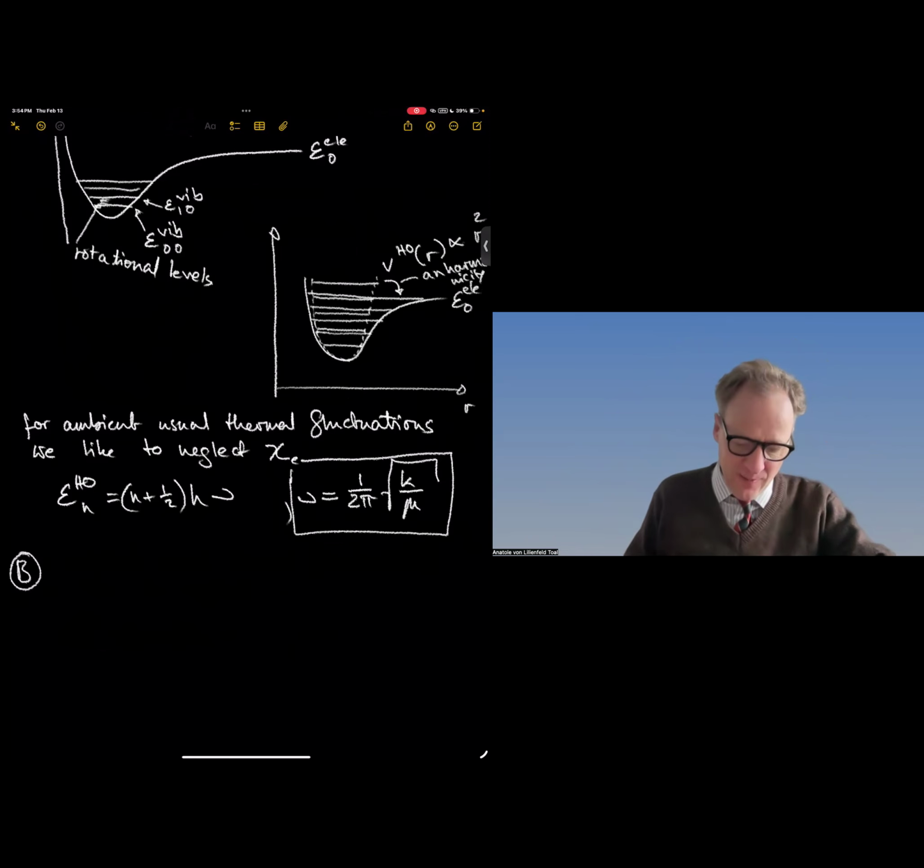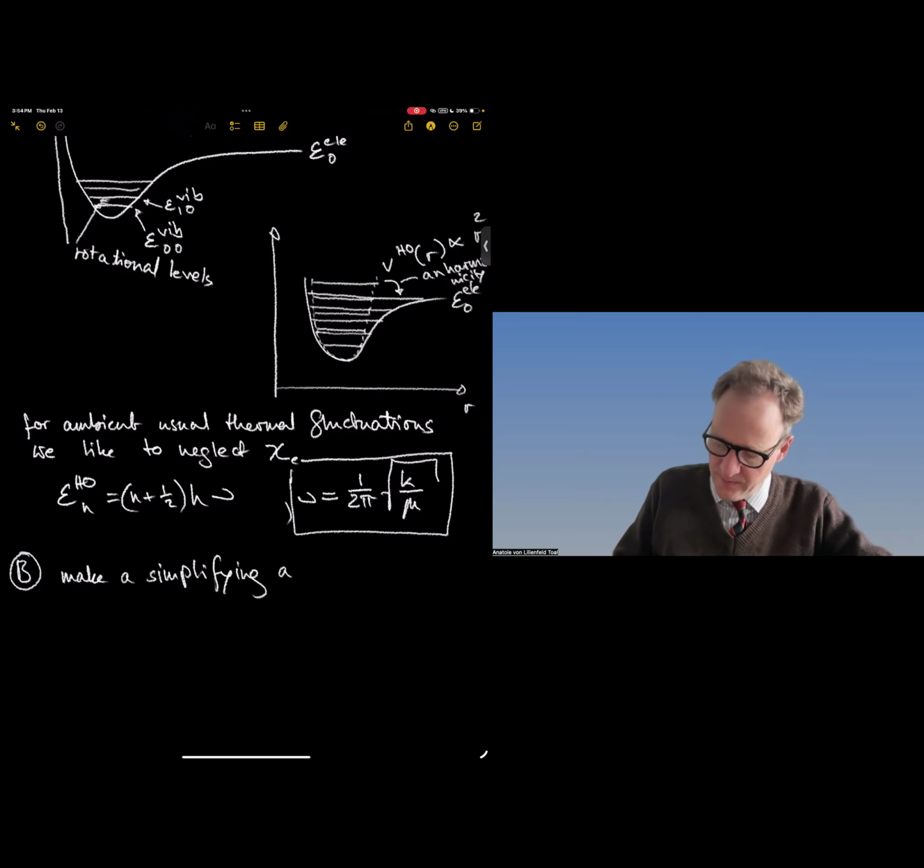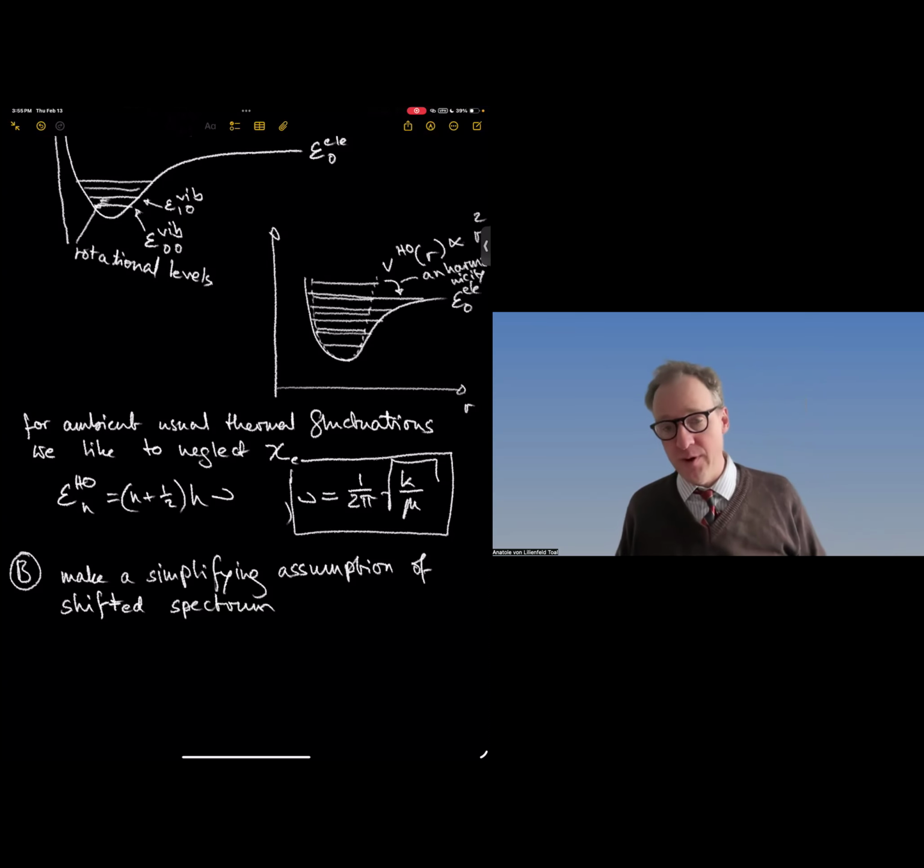So now we do something specific for our partition function, which is that we make a simplifying assumption of shifting the spectrum towards the 0 point. Okay.